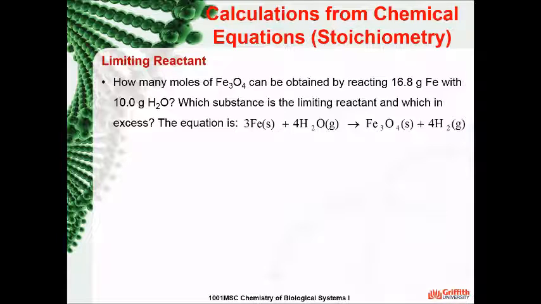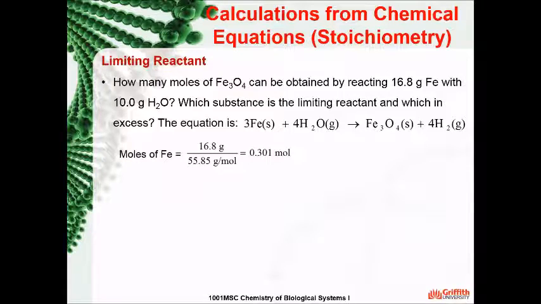To solve this question, you need to calculate the moles of reactant first by using the molar mass. After that, you need to consider the ratio to determine which substance is the limiting reactant and which is the remaining. Then, you can use the limiting reactant to predict how much will be produced in the products.